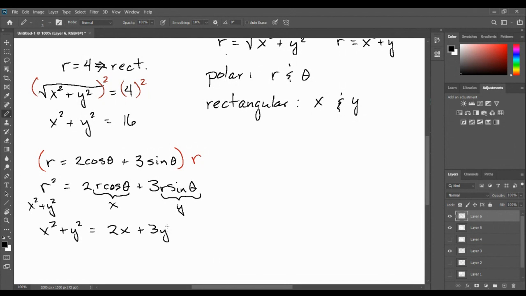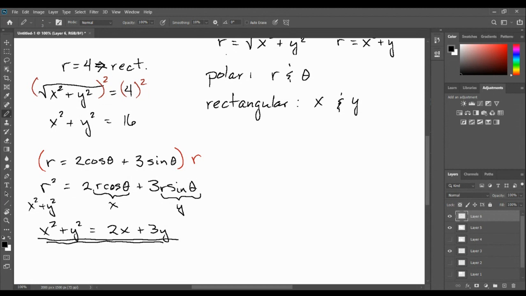And there's really not much we can do to simplify that. So that would be the rectangular version of the formula that was r equals 2 cosine theta plus 3 sine theta. And so we've converted that over.